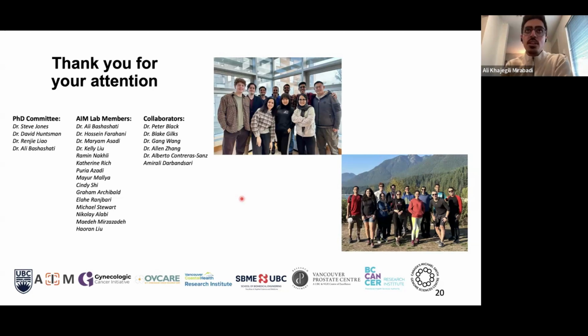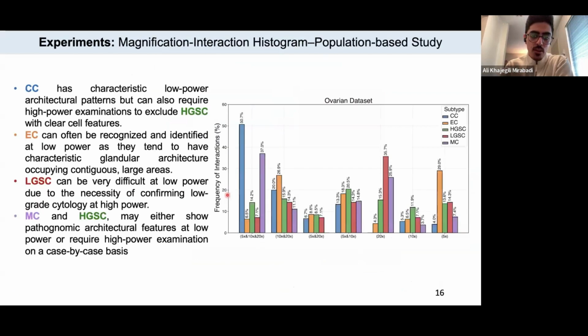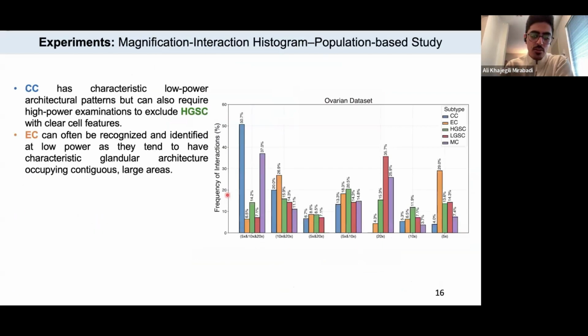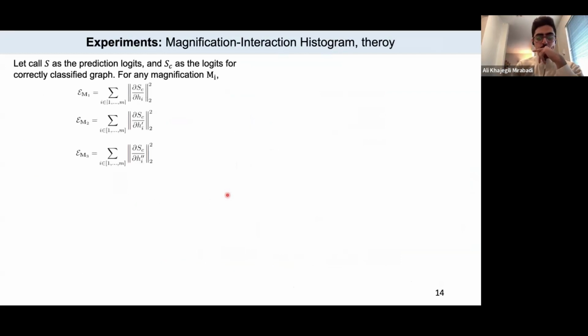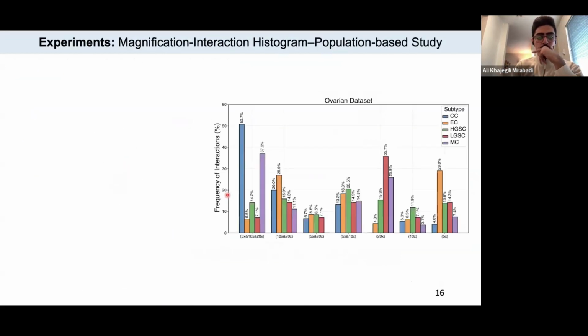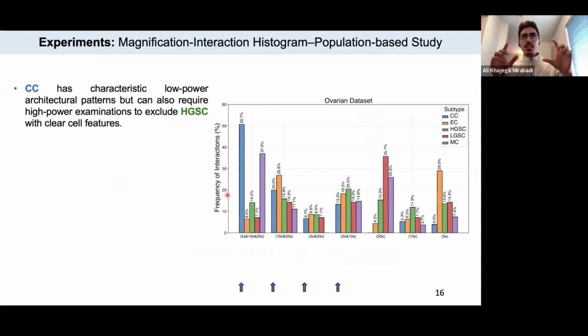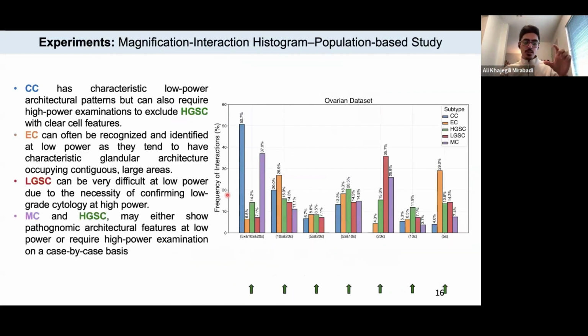That's an excellent question. The thing is that it's not always the set of the nodes that matter. If I go back here, let me go to this slide.